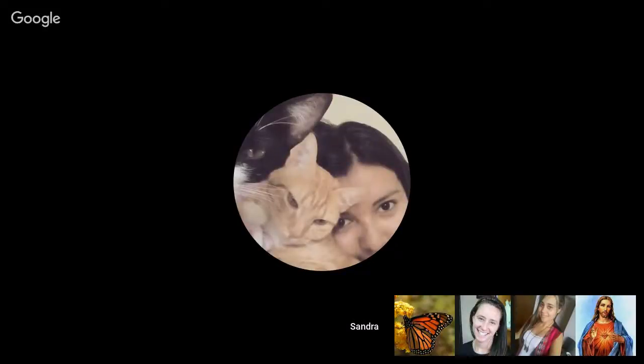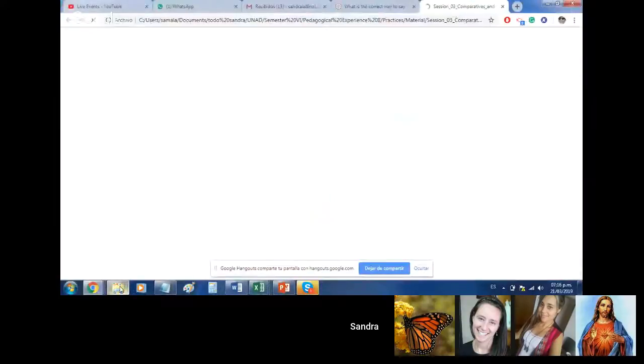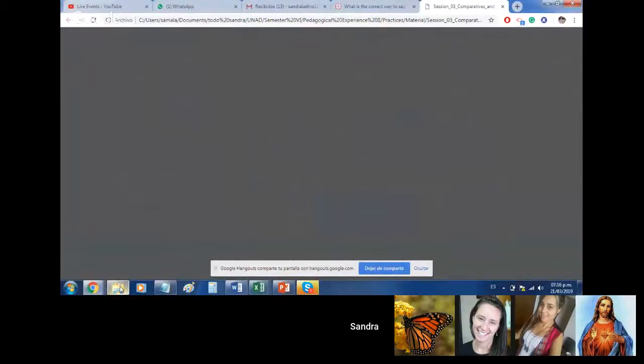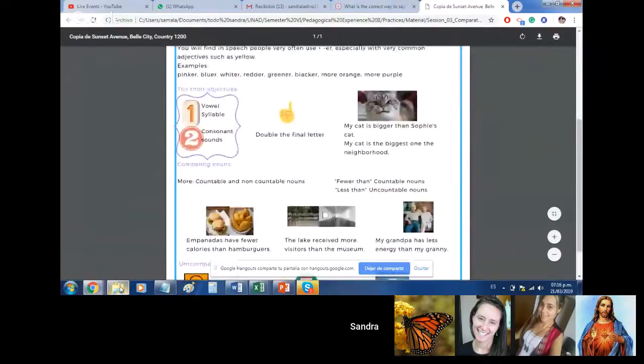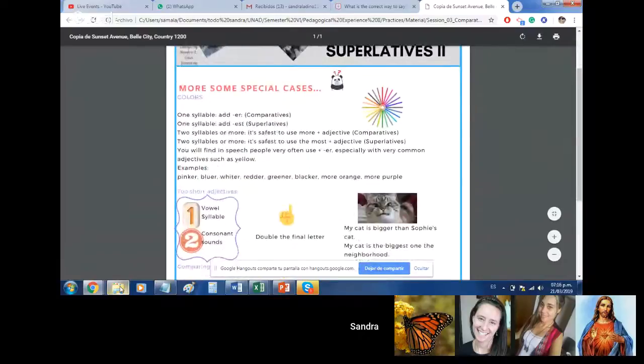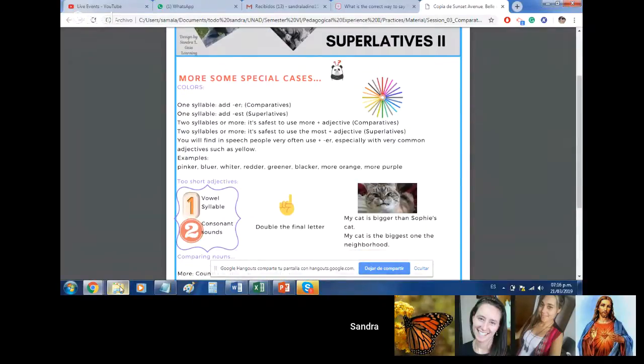For example, please, I want to share again with you the infography that I'm going to send you in some minutes. Like this, here we can find the colors, the rules to establish comparisons and superlative sentences with colors.